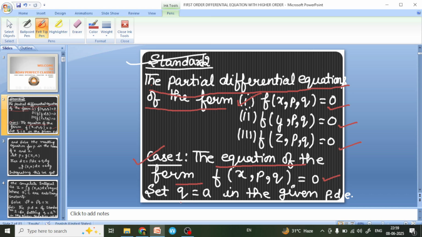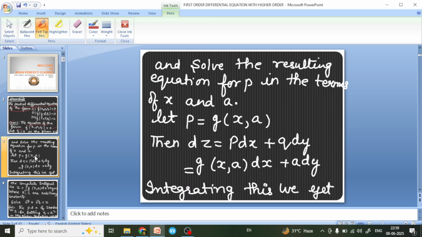Here we will set q equal to a in the given partial differential equation. After that, solve the resulting equation for p in terms of x and a, like let p equal g of x comma a. Then we have to find dz equal to p dx plus q dy, with p equal to g of x comma a.